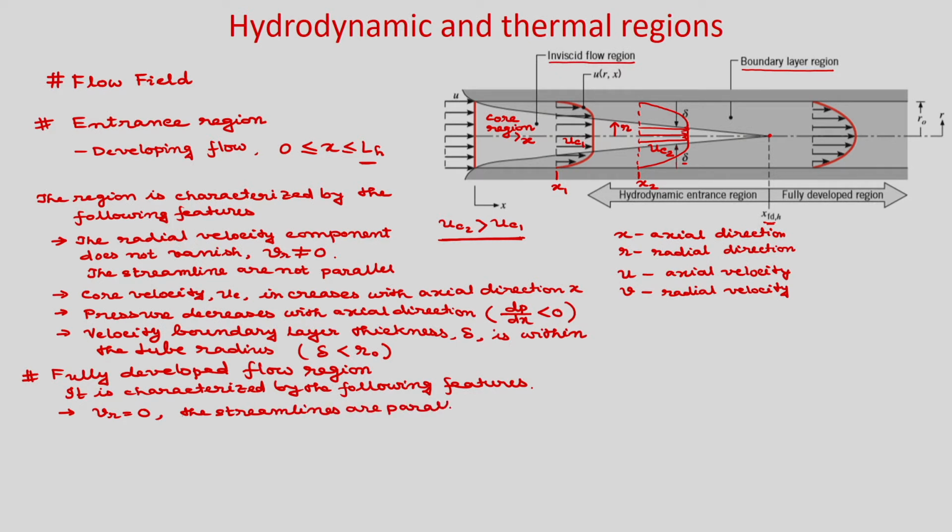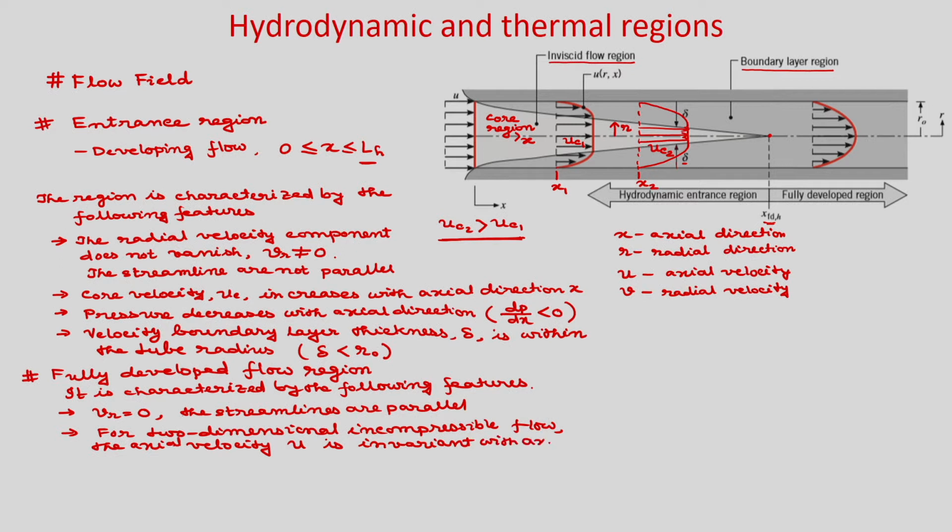Then, for two dimensional incompressible flow, the axial velocity u is invariant with axial distance x.